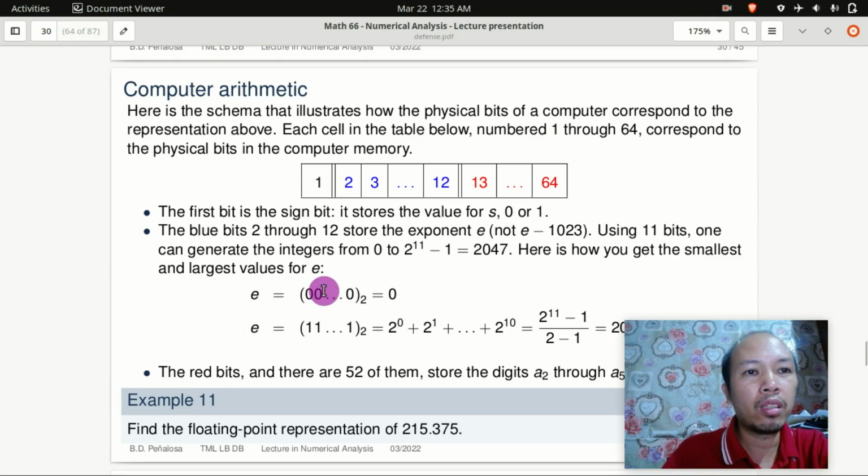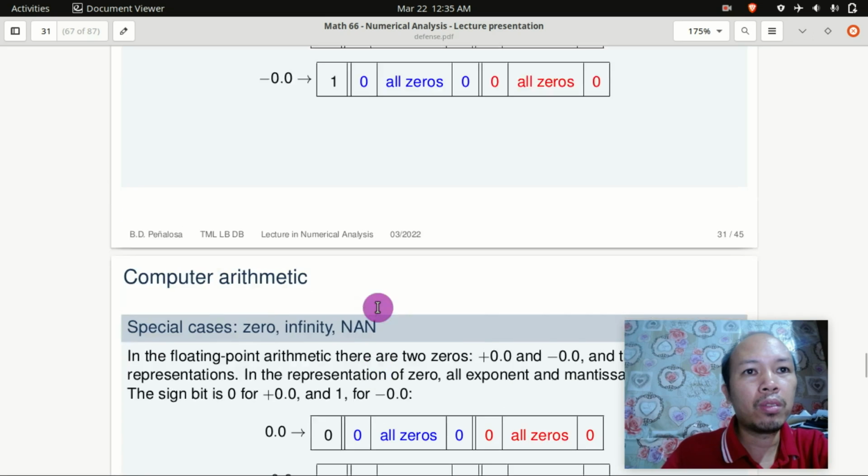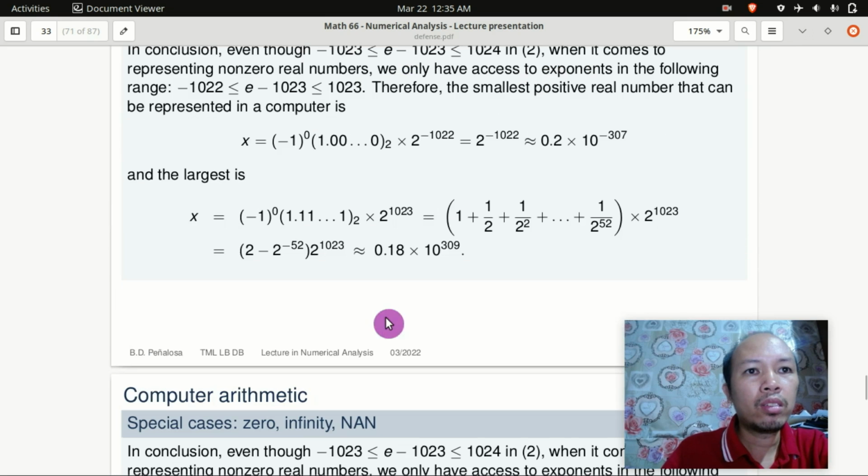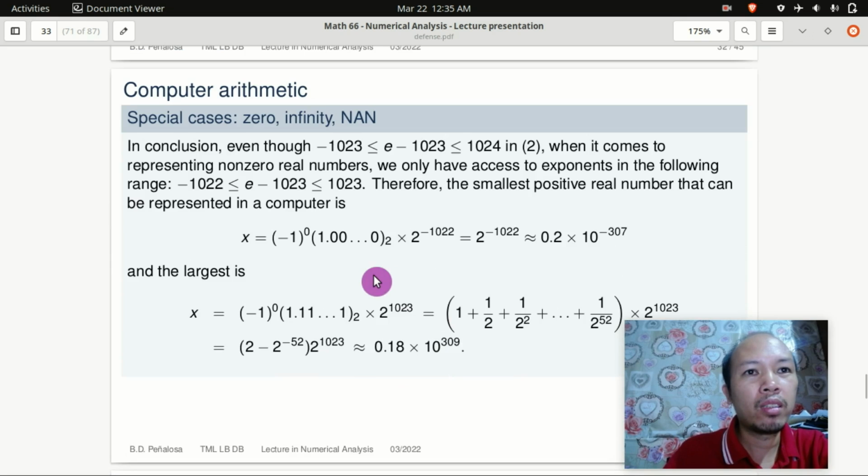Let me go back and notice that in this expansion, in the fractional part, we write it in the normalized form. Although all these numbers here are 0, so this is the smallest.